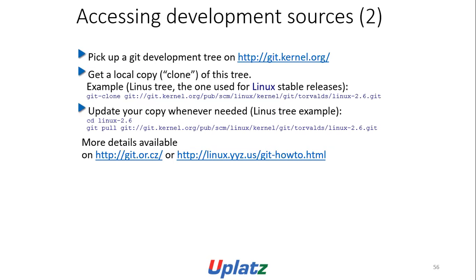Pick up a Git development tree on git.kernel.org. Get a local copy, or clone, of this tree. For example, the Linux stable tree, the one used for the Linux stable releases. Update your copy whenever you need it. Linux tree example. More details are available in the Git documentation.